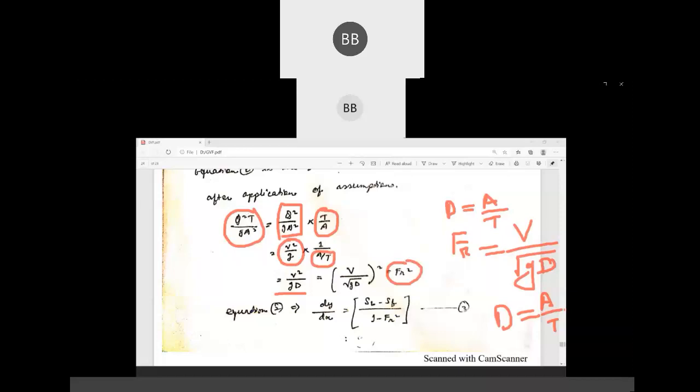In place of this expression Q square T by gA cube, you can directly write Fr square.